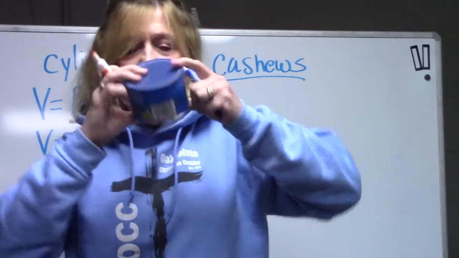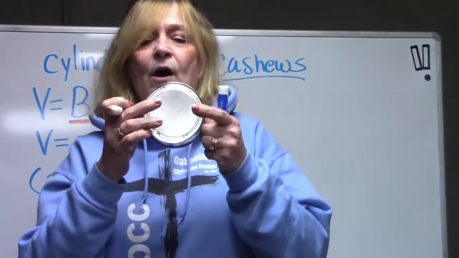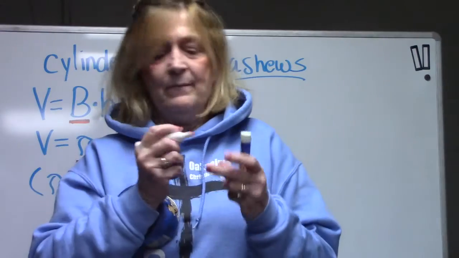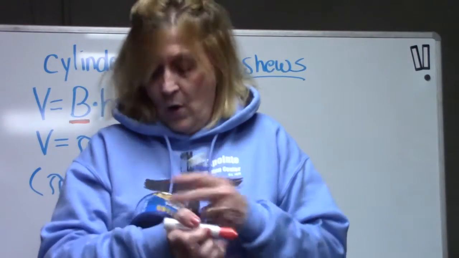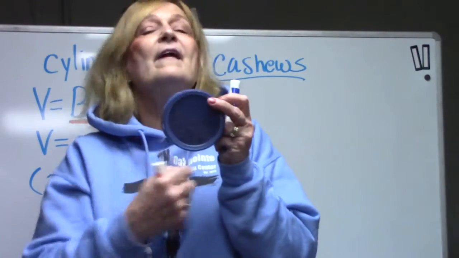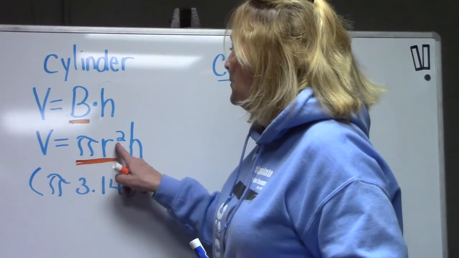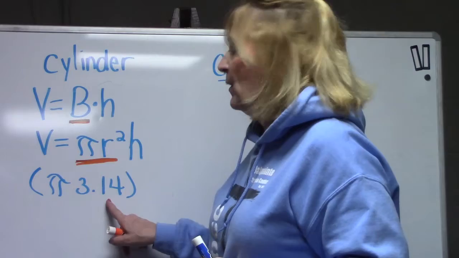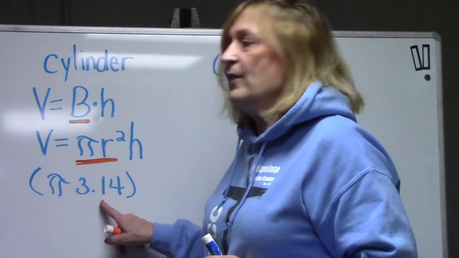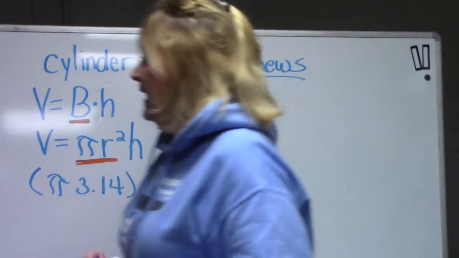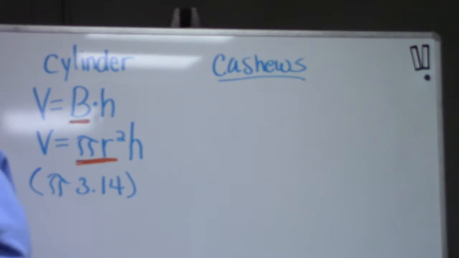This side and this side are your bases. They're the same because it's a cylinder. So we're going to be working off of the area of a circle, which is pi r squared h. And for pi, we're always going to use 3.14.